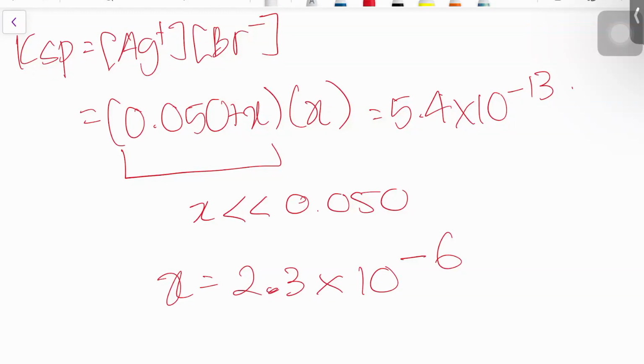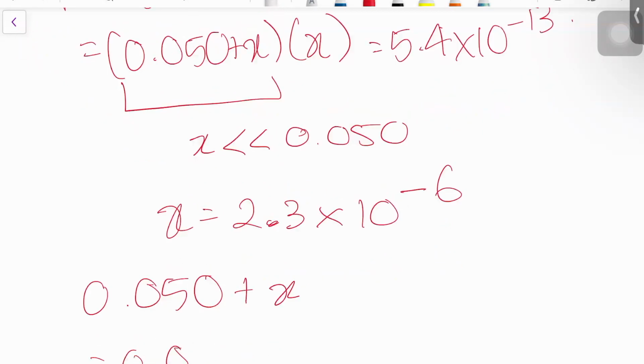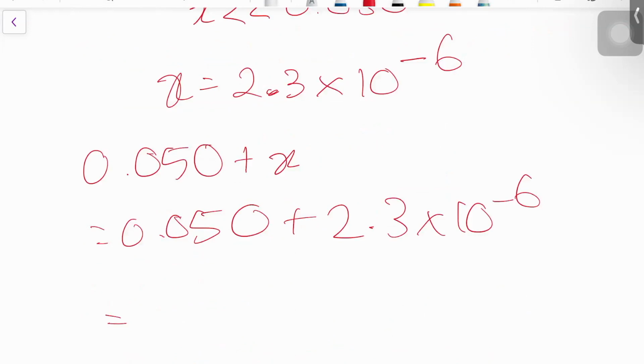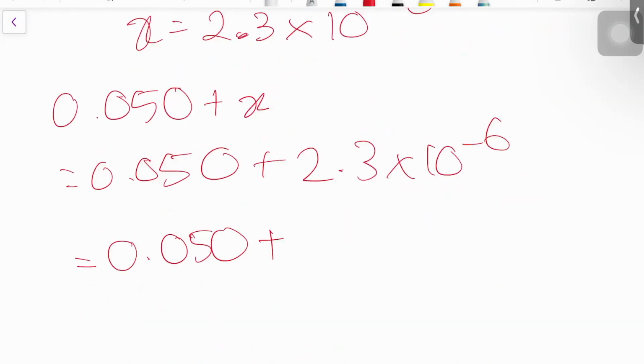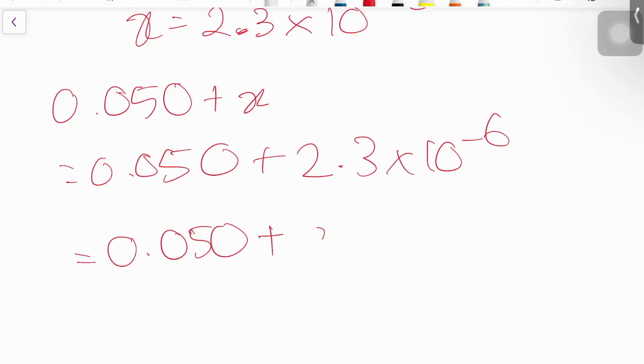Times 10 to the minus 6, there are so many zeros in that, which means that when you add it to 0.050, 0.050 plus x is 0.050 plus 2.3 times 10 to the minus 6. I'll expand it out in decimal places for you: 0.0000023.